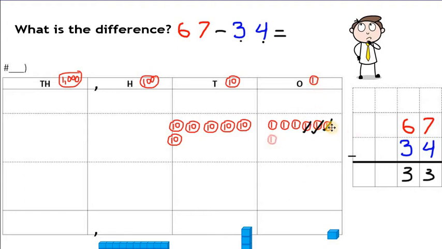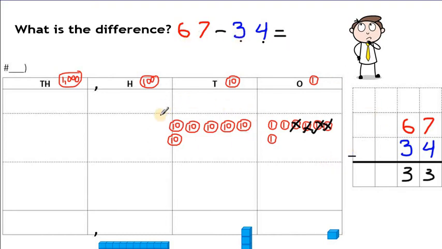I need 7. 1, 2, 3, 4, 5, 6, 7. Sorry about that. So I have subtracted 3 ones. I need to subtract 4 ones. There's my 4th one. And I'm just going to go ahead and turn those into X's. And I hope that your work is neater than mine and more accurate than mine.